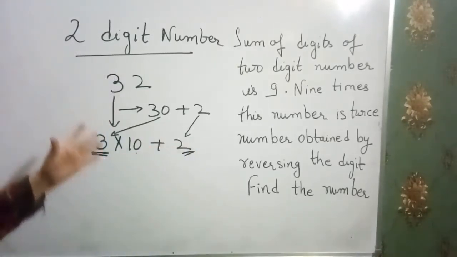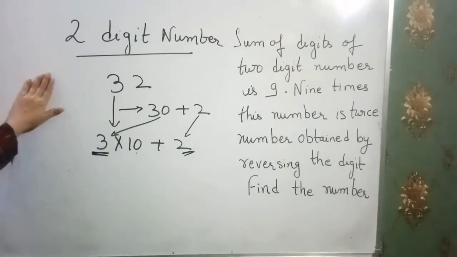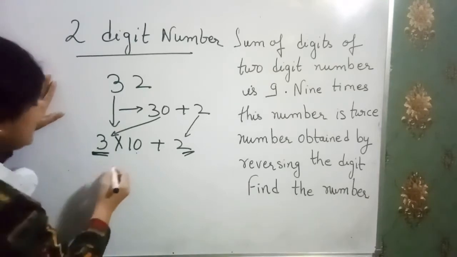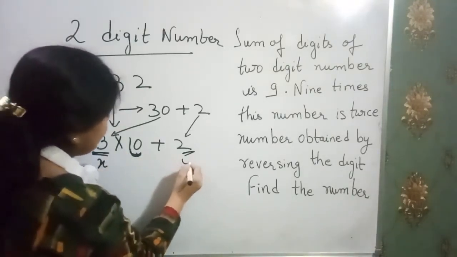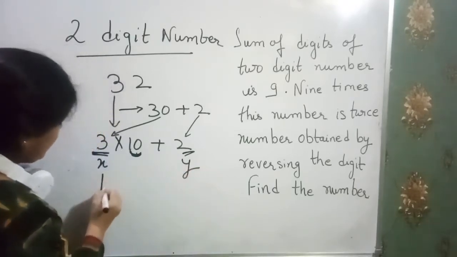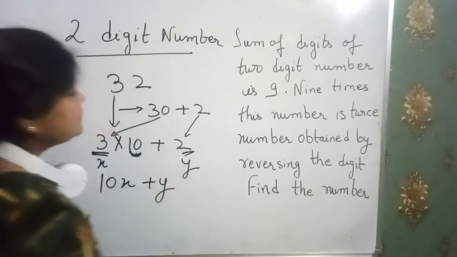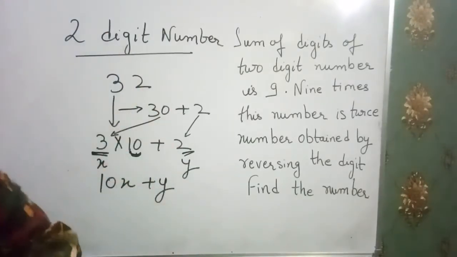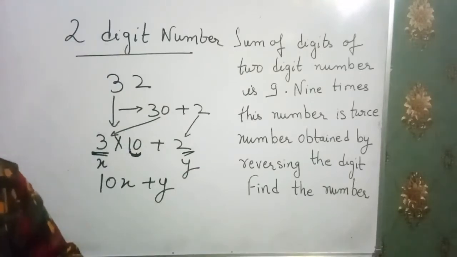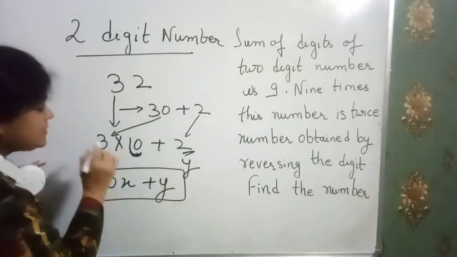So the format of a 2-digit number, the format by which we express it, is 10 times x plus y, where I take the digits as x and y. So the format becomes 10x plus y. Clear? So in these types of questions, we assume the number in the format 10x plus y.